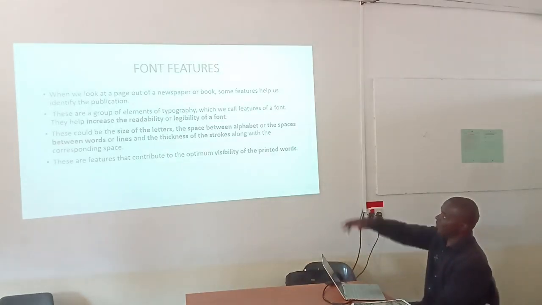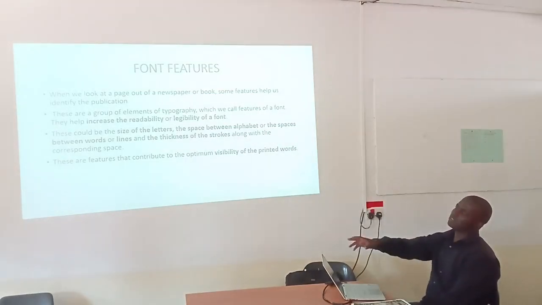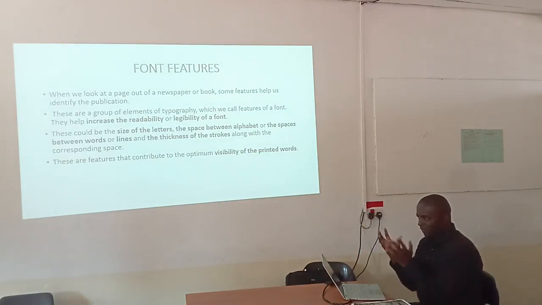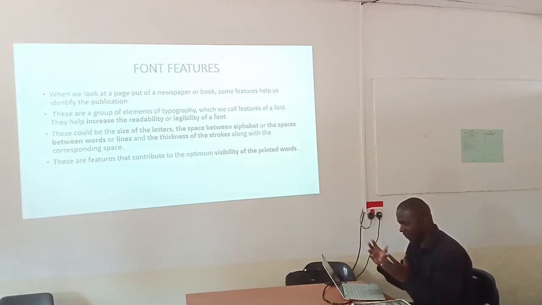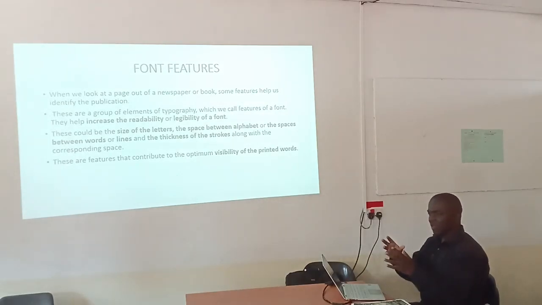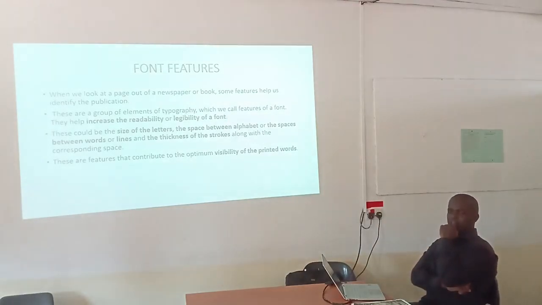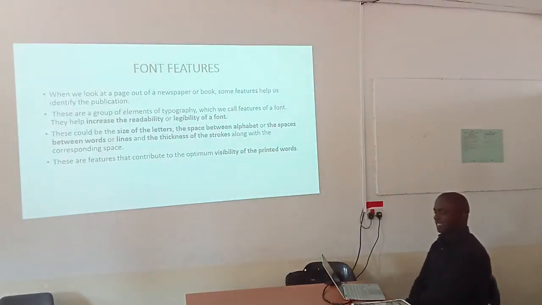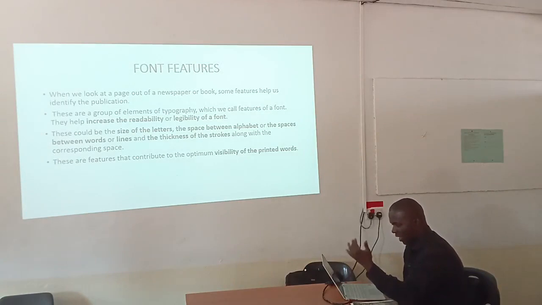That's the name of the paper, the nameplate. They will not usually just choose an ordinary font or typeface. They have a specific typeface with certain features that are a little different from others. Because of that, you can see just the font and know this is the Daily Times.